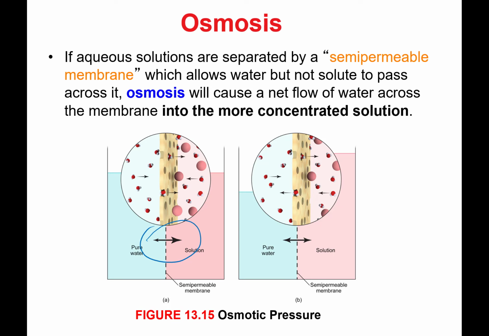But always you get a net flow of water into the more concentrated solution. And in this case, that means you get a net flow of water to the right. So the picture on the left shows that after osmosis occurs, there is a greater amount of water on the right side because there has been a net flow of water into the solution.